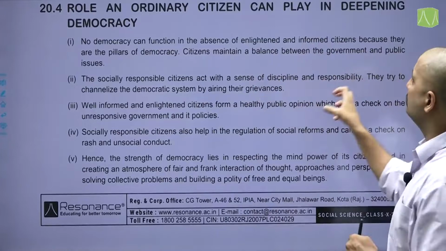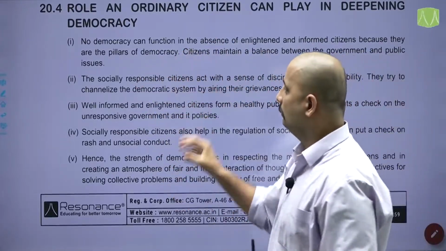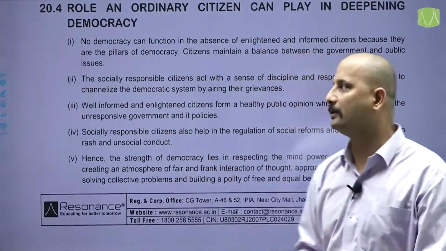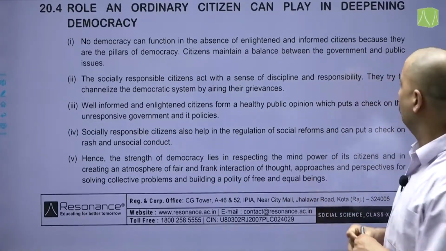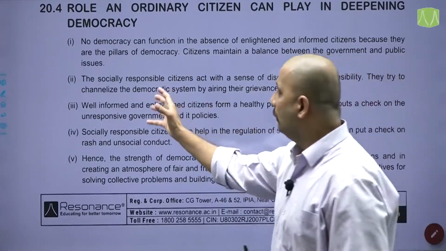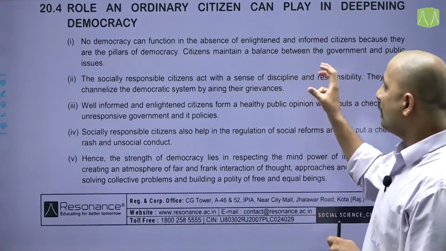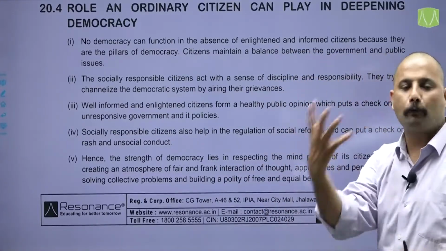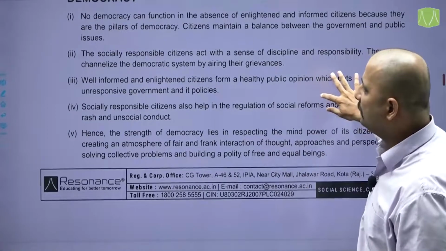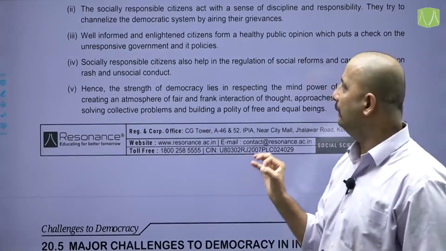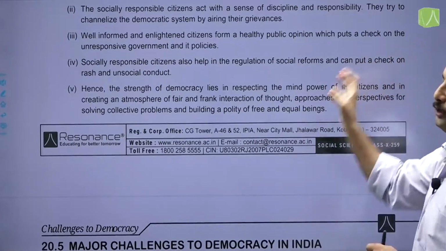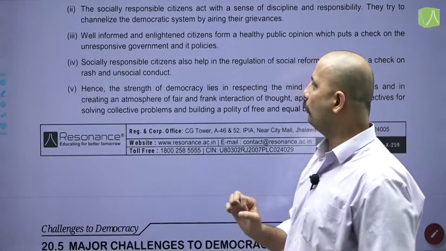Citizens maintain a balance between the government and the public issues. Socially responsible citizens should act with a sense of discipline as well as responsibility. They channelize the democratic system by airing their grievances or problems. Well-informed and enlightened citizens form a healthy public opinion, which puts a check on unresponsive government policies.